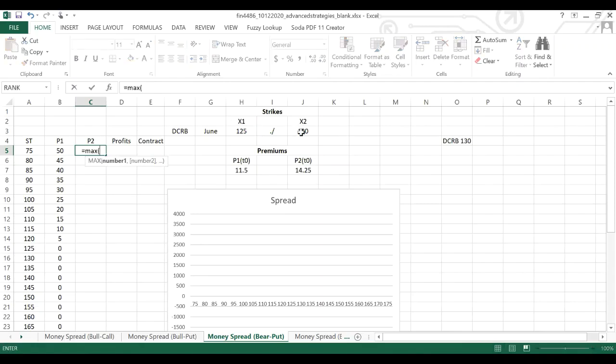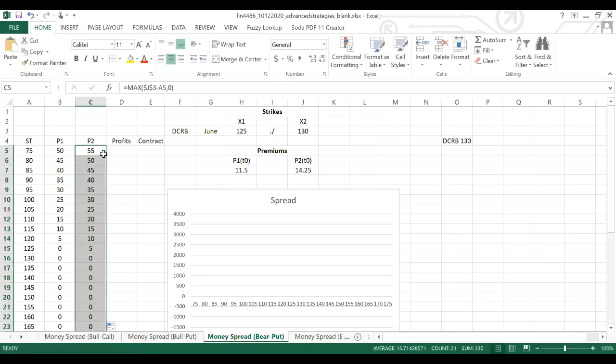Max of strike 2, we lock this, minus the stock price, or 0. And then we just scroll this down as well. Now we have the intrinsic values of both P1, put option 1, which has the low strike X1, and we also have the intrinsic value of P2, put option 2, which is the put option that has the high strike X2.